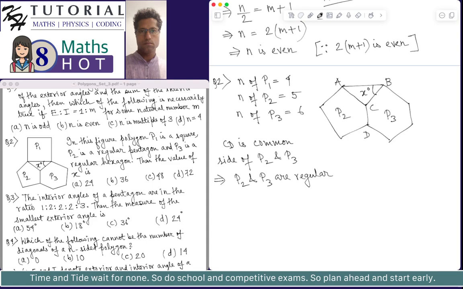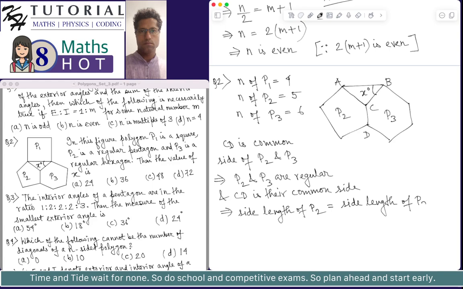And also CD is their common side. CD is a common side of both the polygons P2 and P3. This will clearly say that the side length of P2 is equal to the side length of P3.